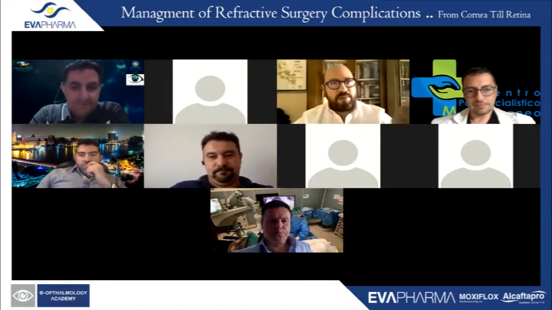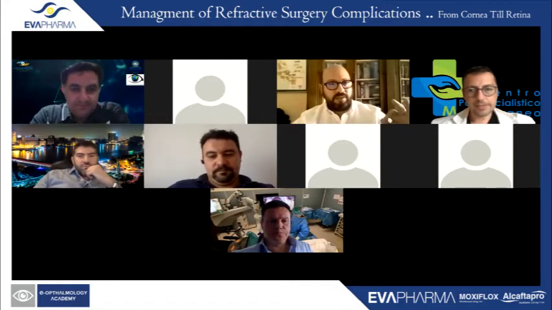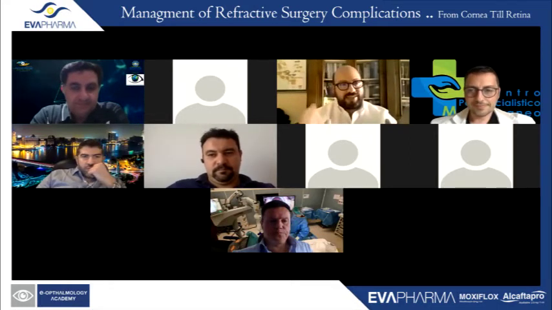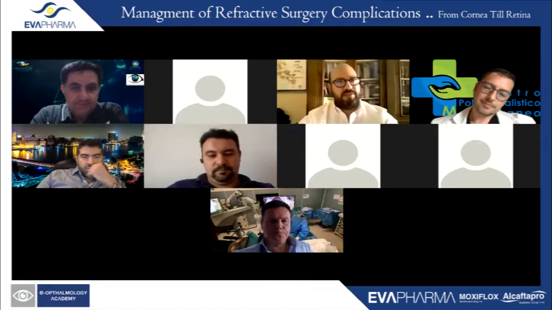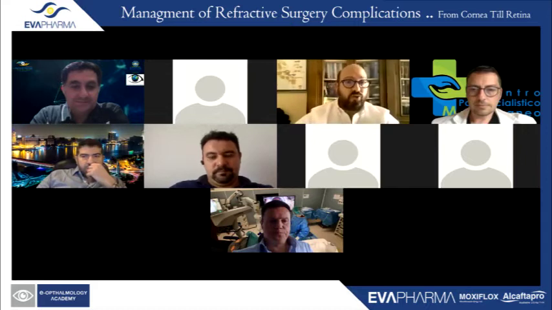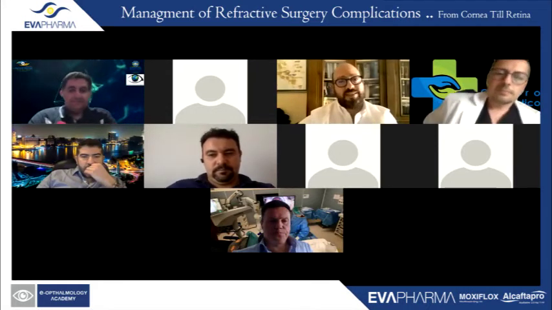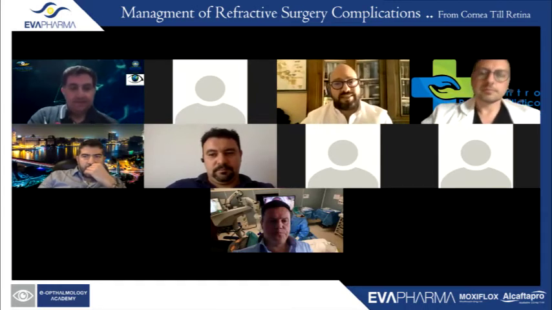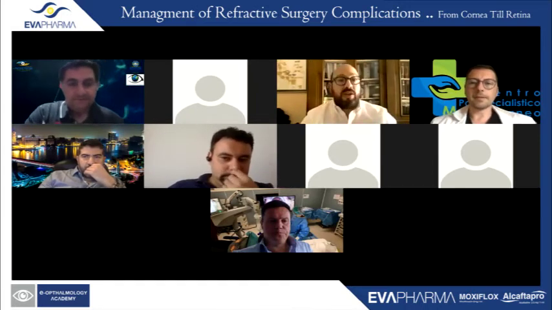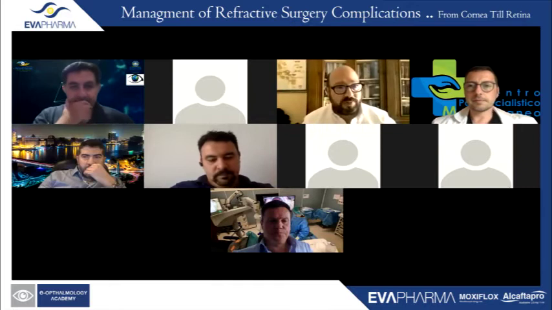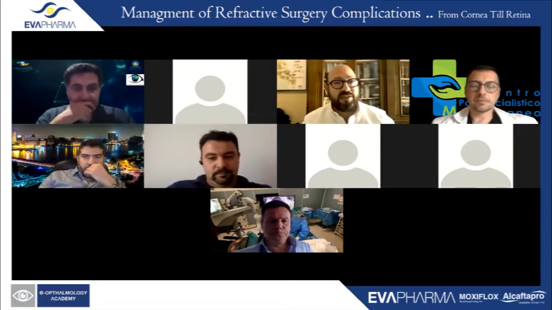It is very important to understand the cause early, because you can target your therapy to the cause. And it is very useful to do a swab, to do also a microbiological culture of the contact lens, the bandage contact lens. And also, if possible, confocal microscopy is very useful for differential diagnosis.